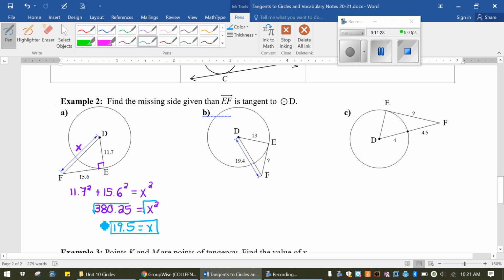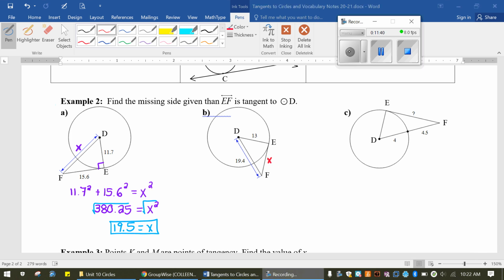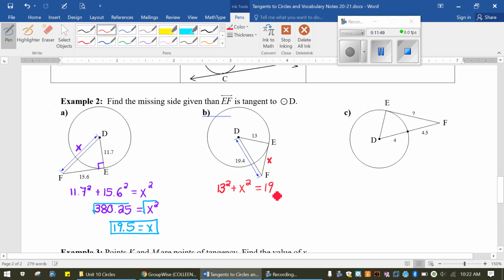All right, I want you to try number 2b. Here's your x. I'm going to pause the video, and I want you to try and solve that one with the Pythagorean theorem. Okay, so I hope you set this up as 13 squared plus x squared equals 19.4 squared.